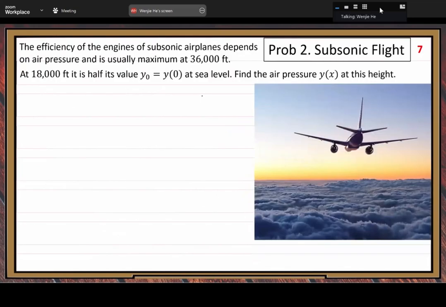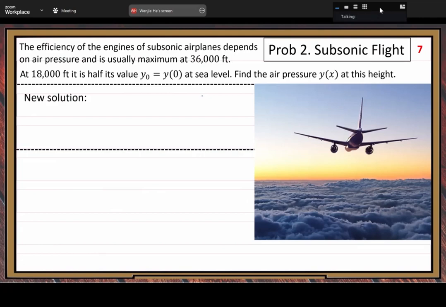Next, this time we need to target the air pressure at which height? 36,000, the maximum height.